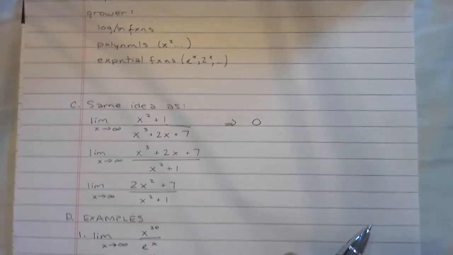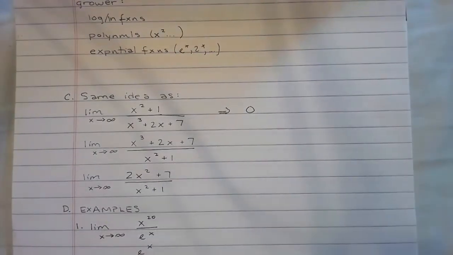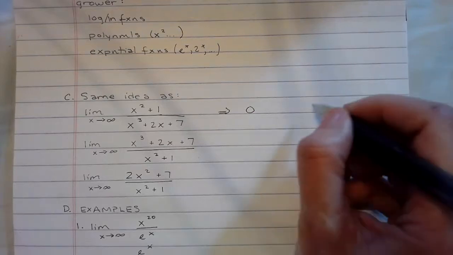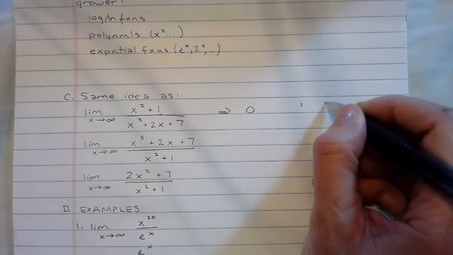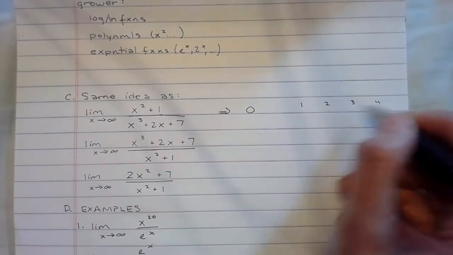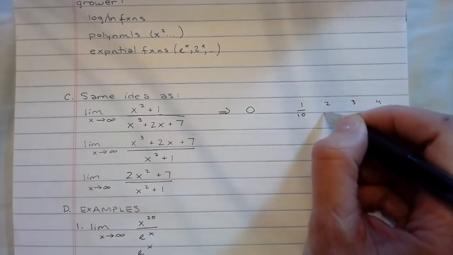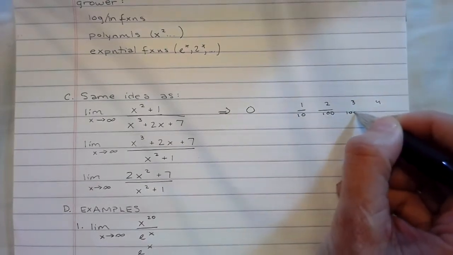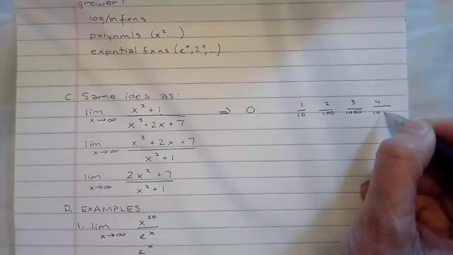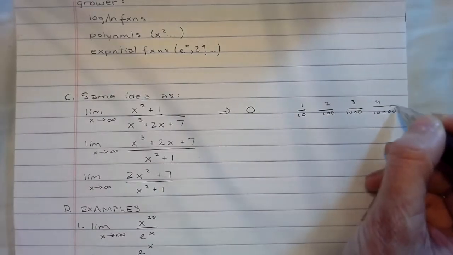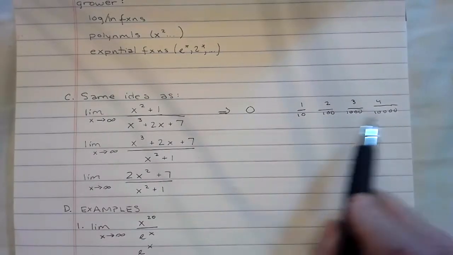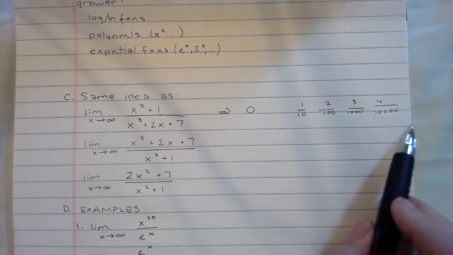And at the same point, you can think of that with actual numbers if you want, if the numerators are increasing by 1, but denominators are increasing by multiples of 10. You can see that these numbers are just getting bigger and bigger and bigger.